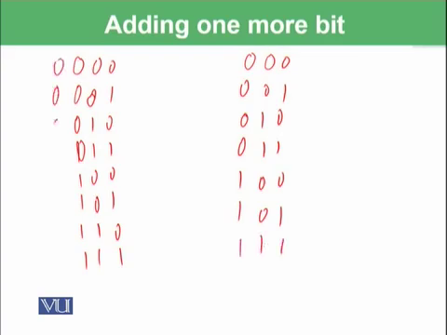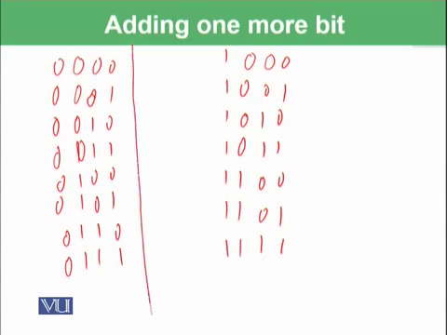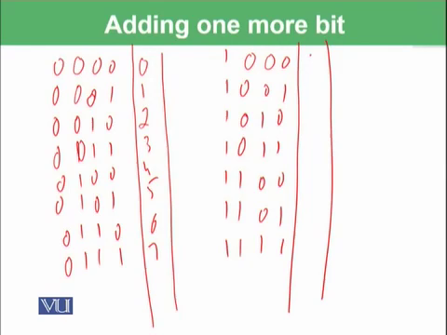If I add 0 to the first set and 1 to the second set, the first set gives 0 to 7, and the second gives 8 up to 15.